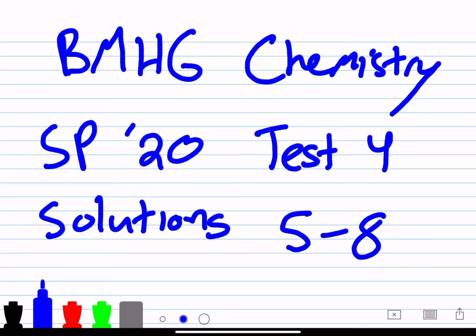Okay, so question number 5 on test 4 is asking us, upon complete combustion, how many milliliters of ethanol are required to produce 14.5 liters of water vapor at 25 degrees Celsius in 1.03 atmospheres. Okay, so this is going to involve the gas law again.